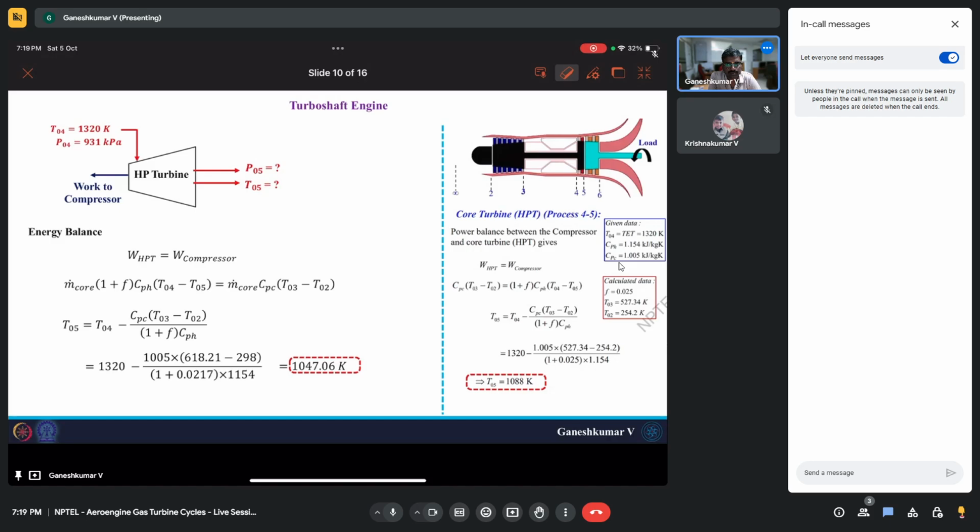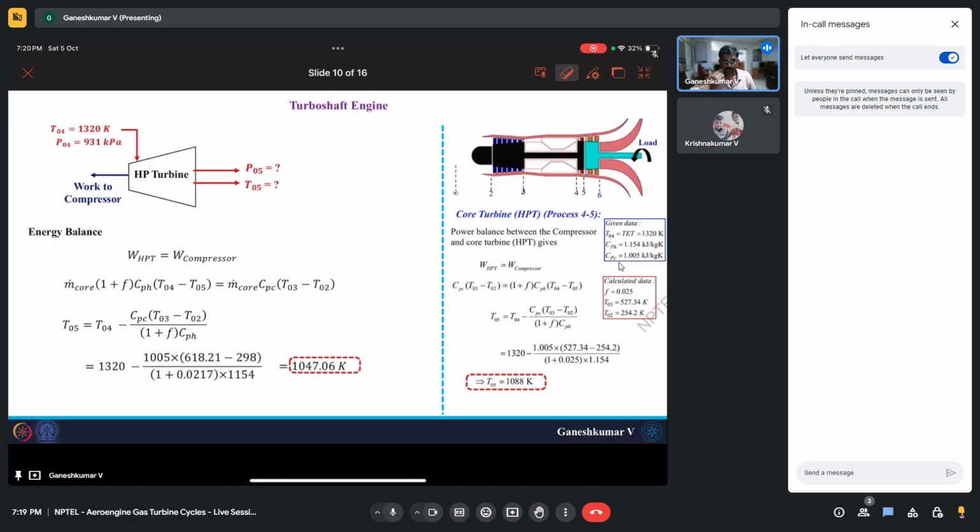However, here, as I said, we are going to provide more work to the compressor because it is operating at higher pressures. And that is the reason you see that the temperature with which the gases exit the HP turbine is lower compared to the flying condition.